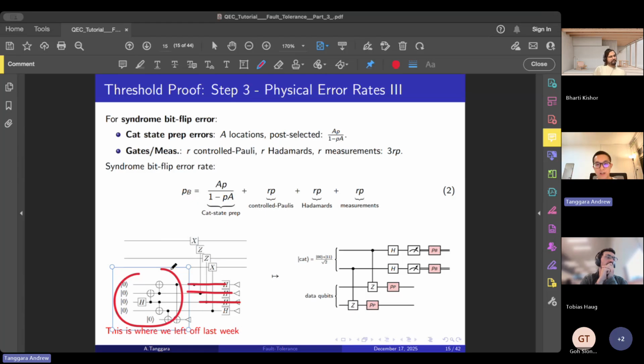So we have this first term, and we have these gates. R is the maximum size of a stabilizer. The controlled Paulis, Hadamards, and measurements are equal in number to the weight of the measurements.